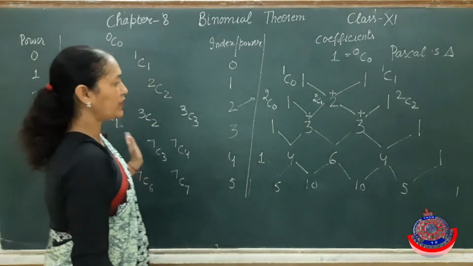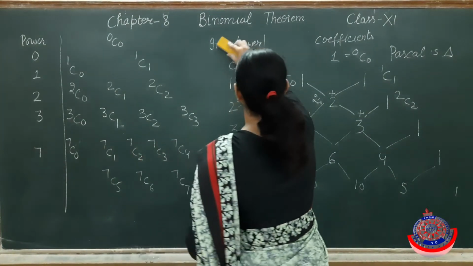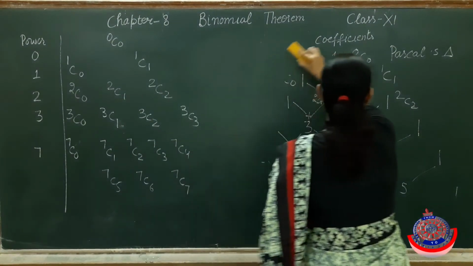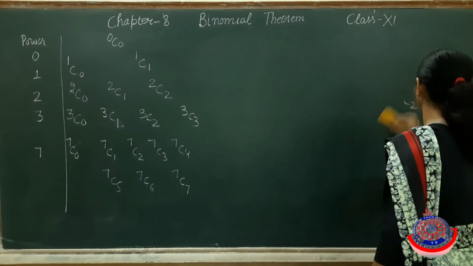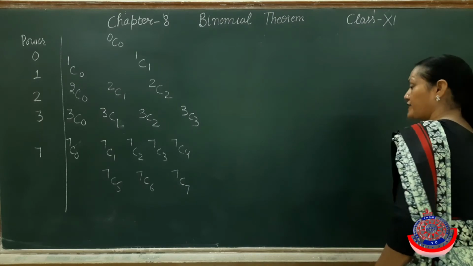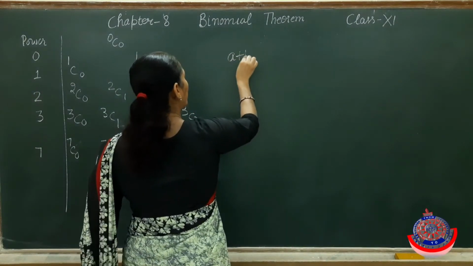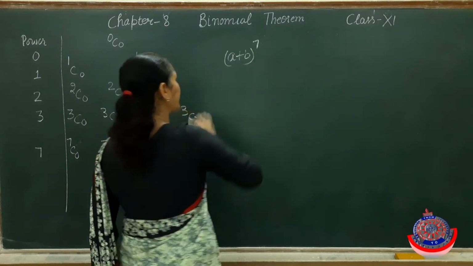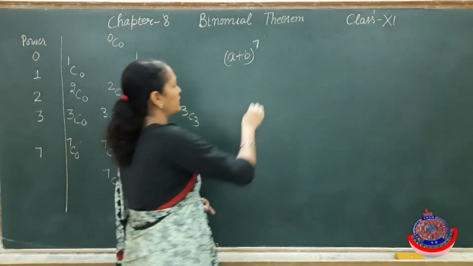Now if we try to write down the formula, how can we write it? Earlier it was difficult for us to write the formula, but now suppose we want to write A plus B power 7. We will be using this and the observations which I told you.